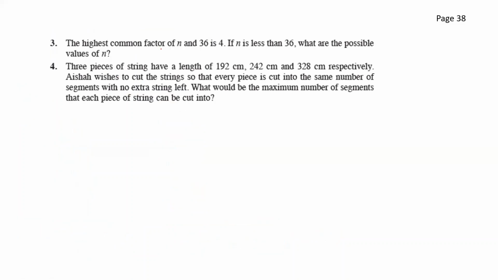Next, the highest common factor of n and 36 is 4. If n is less than 36, what are the possible values of n? So let's state all the numbers here. We have 4, 8, 12, 16, 20, 24, 28 and 32.